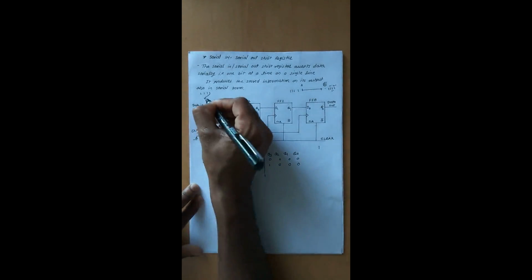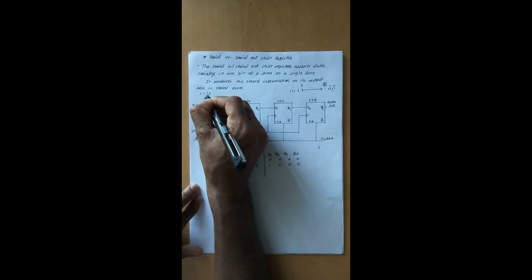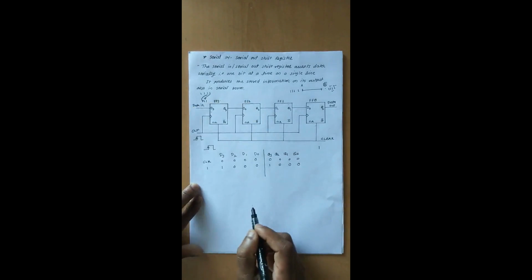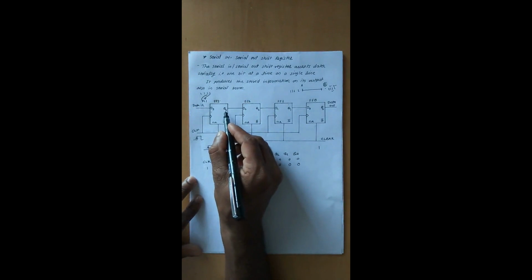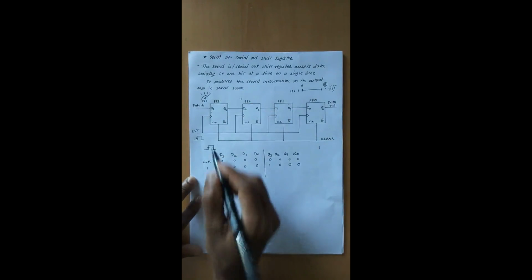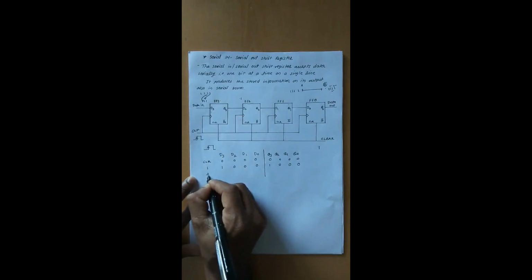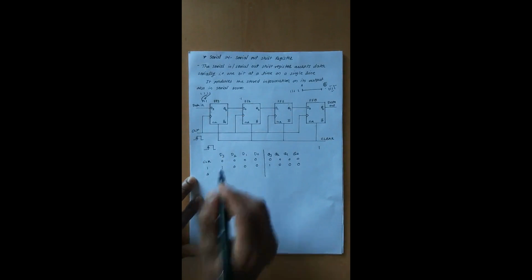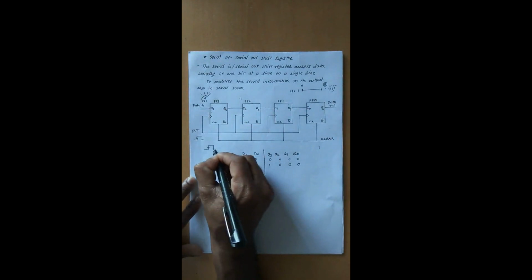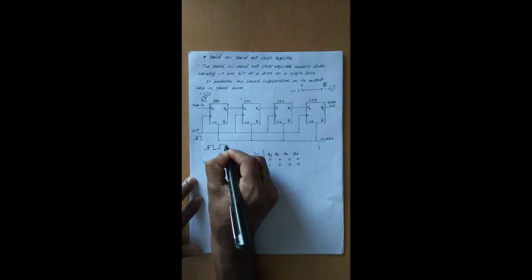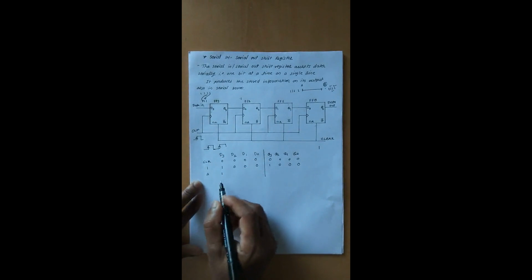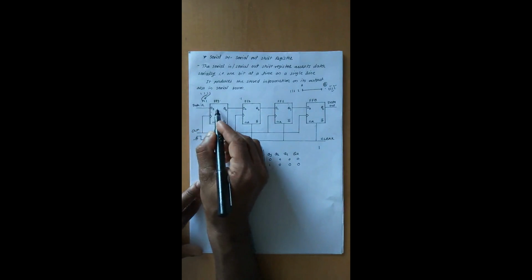Then we enter a second value, 1, here. So what will happen? This Q3 will be present here, and it will be 1. D3 is also 1. When we apply D3 with 1 and then the next positive edge triggered clock pulse, this 1 will be entered into the flip-flop.